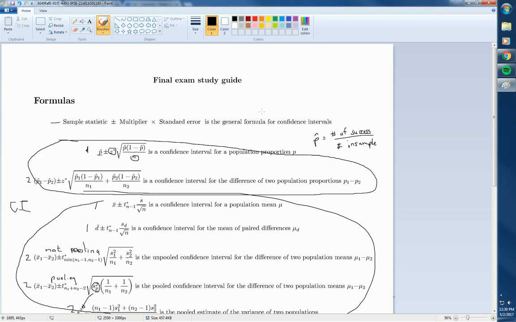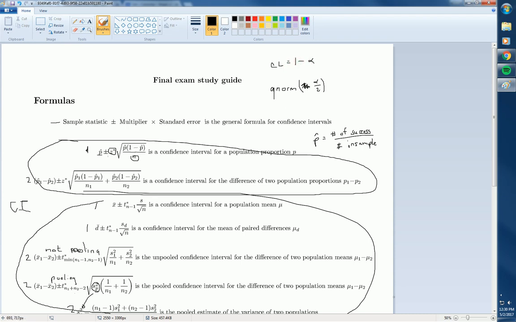It comes from R, and it will be from a command that says qnorm of alpha over 2, where alpha, with the confidence level like 95% equal to 1 minus alpha.